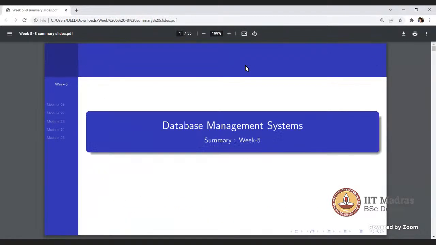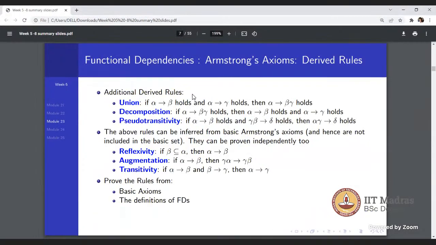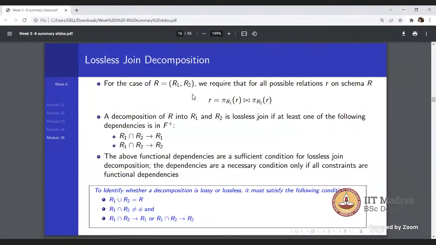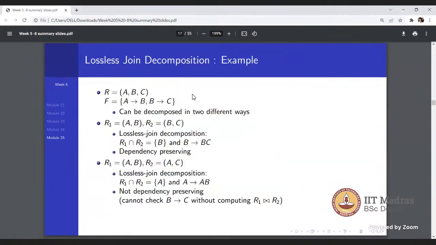First we see how to find the closure of an attribute, and based on that we can find the candidate key. Then what are the prime attributes and non-prime attributes, how to find the extraneous attribute, and canonical cover. So closure set, decomposition, canonical cover we discussed, and lossless join decomposition also, right?